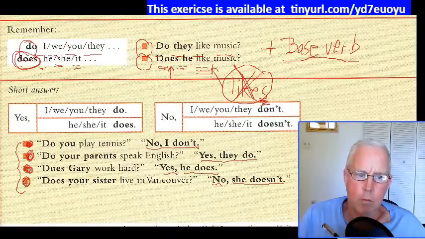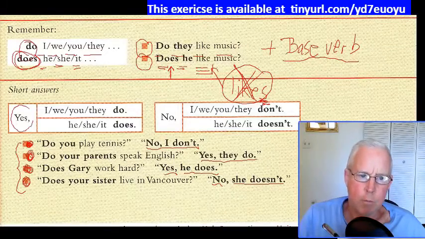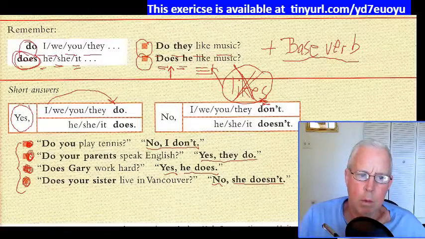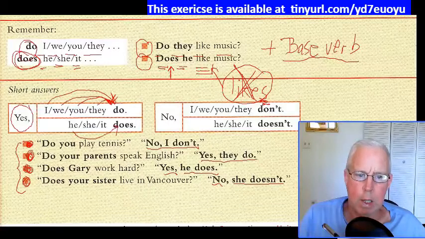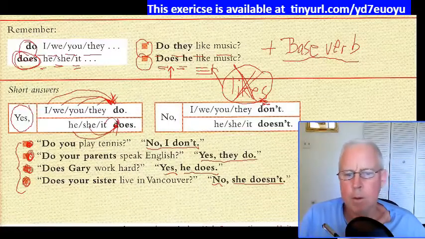So the short answers, if they're yes, are yes, I do, yes, we do, yes, you do, yes, they do. Or yes, he does, yes, she does, yes, it does.